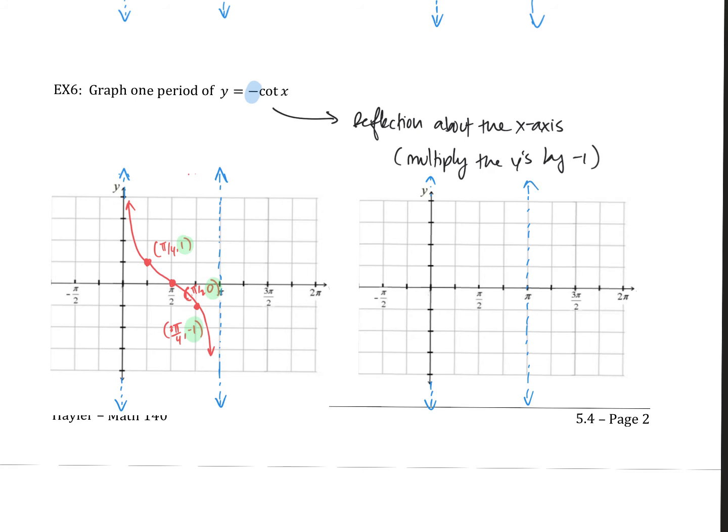The only thing that happens is our y values are multiplied by negative 1. So that becomes down here. So pi over 4, negative 1. Nothing happens to our pi over 2, 0. And then we go up here to the 3 pi over 4, positive 1. And there we have our cotangent with the reflection about the x-axis.